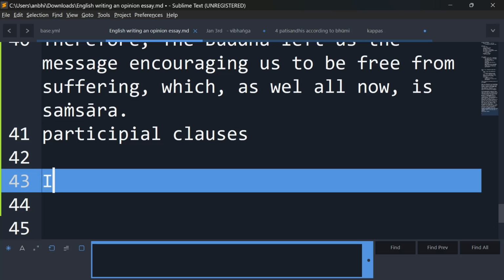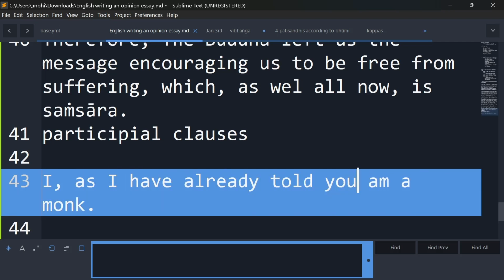For example, I am a monk, okay? And then you want to say something in between, you can put a comma. I, as I have already told you, am a monk.